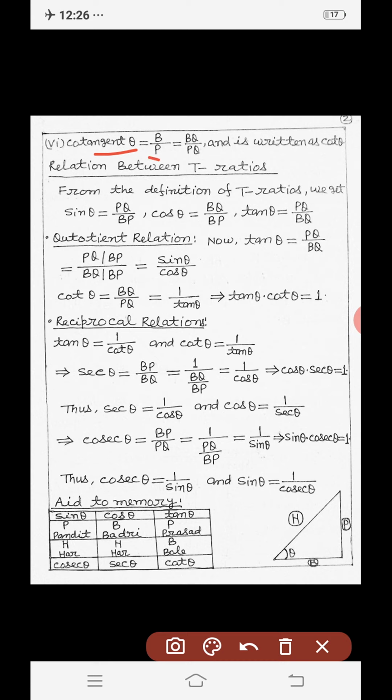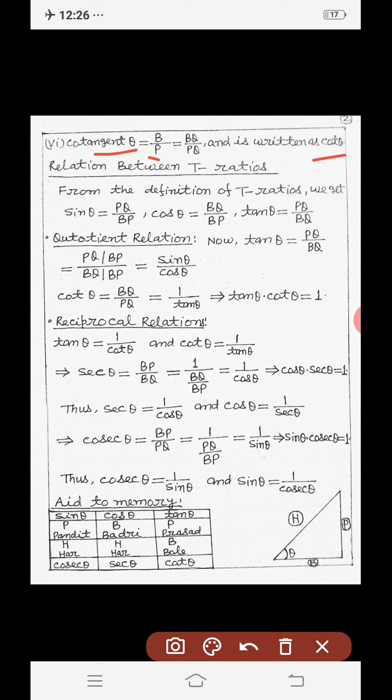This is equal to BQ by PQ and is written as cot theta. Means there are 6 trigonometric ratios given as sin theta, cos theta, tan theta, cosec theta, sec theta and cot theta.